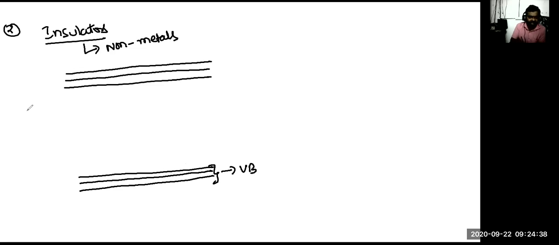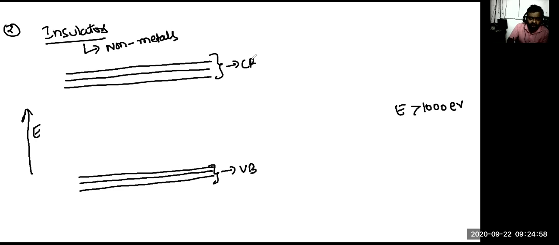Whenever we give a large amount of energy, on the order of greater than 1000 electron volt or 10,000 electron volt, the electrons in the valence band will be excited to the conduction band or to the next higher states.